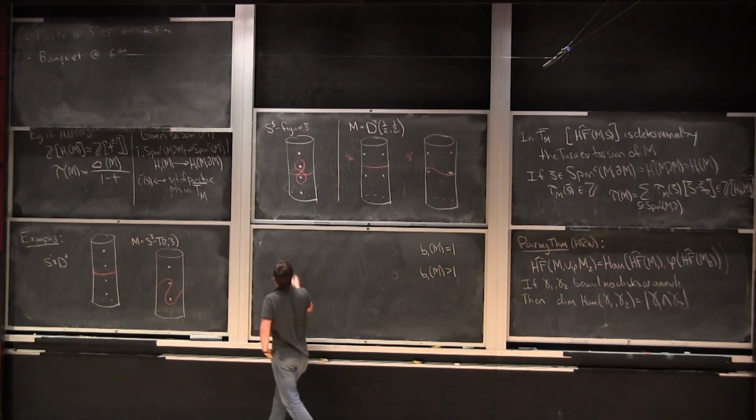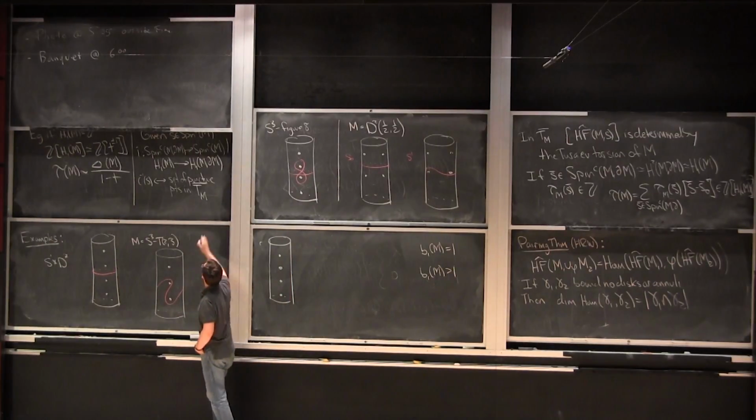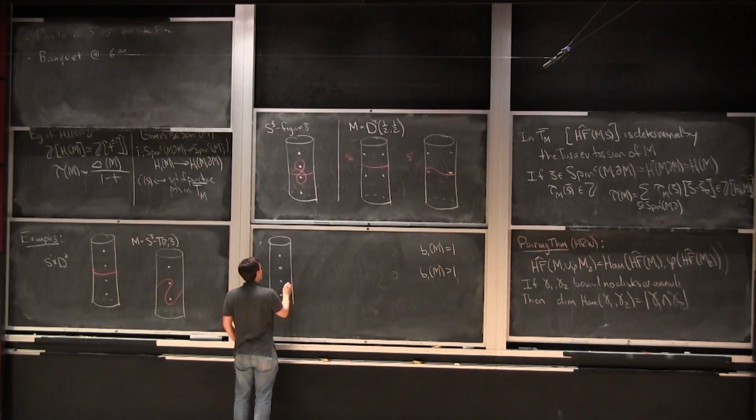Okay, so again, say H1 of M is Z. We just have this picture here. So maybe this corresponds to, then we just have H1 of M relative to boundary is 0. Okay, and so I'm saying that these points here are identified with a set of spin C structures. So maybe this is S0, S1, S2, S minus 1.